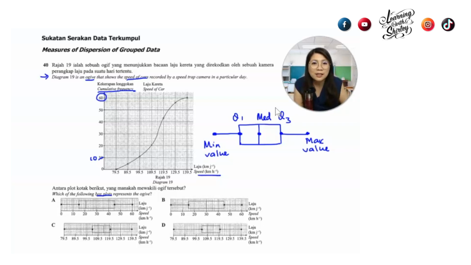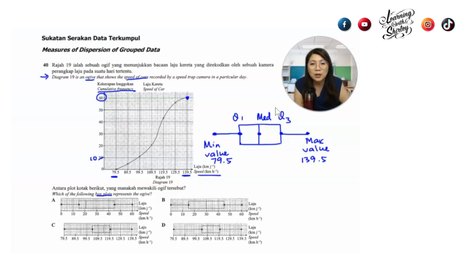Let's look here. The minimum value is the lowest point on the ogive, 79.5. Then the maximum value is the highest, so we go down, and the maximum value is 139.5.